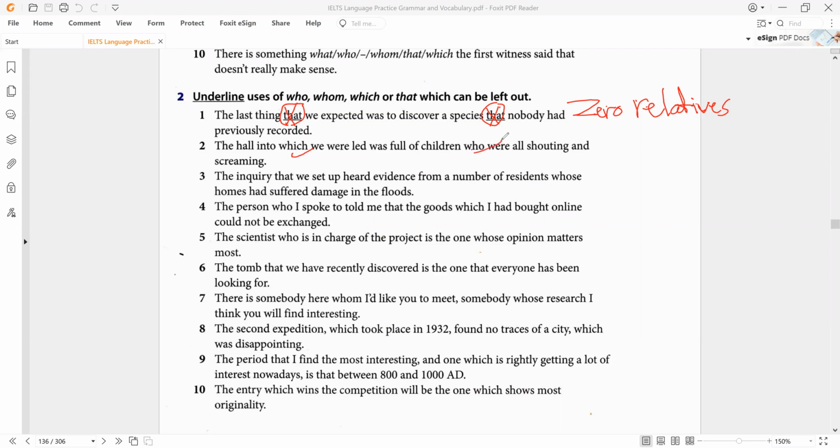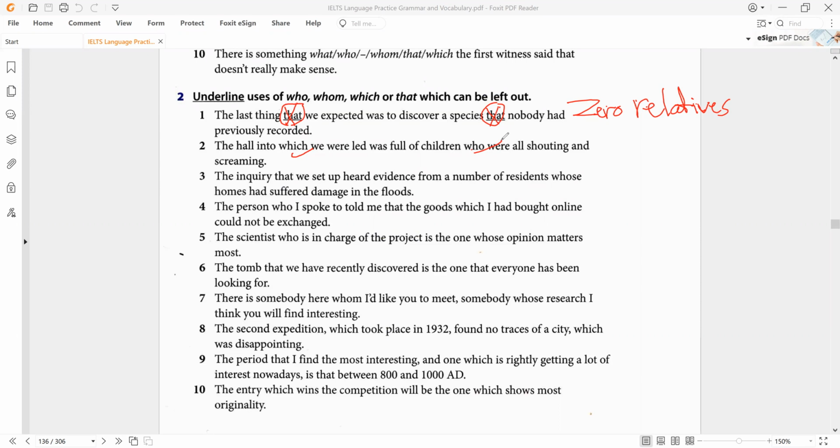The meaning is smoothly understood, so the sentence can be easier without complications. The hall into which we were led was full of kids, full of children who were all shouting and screaming.